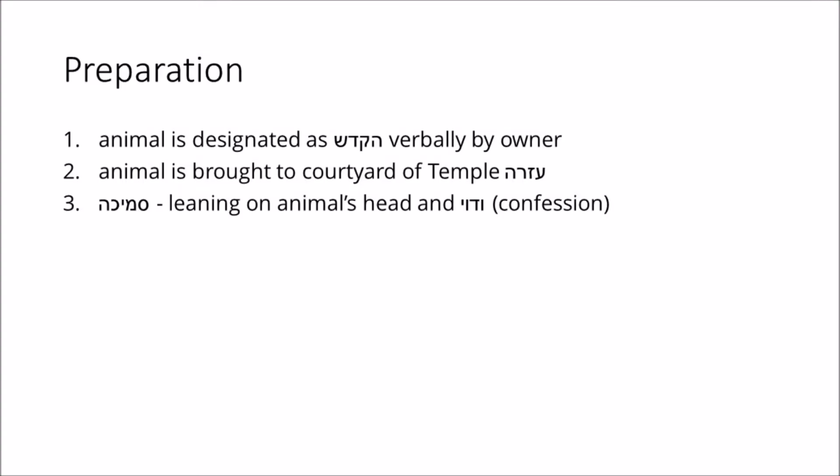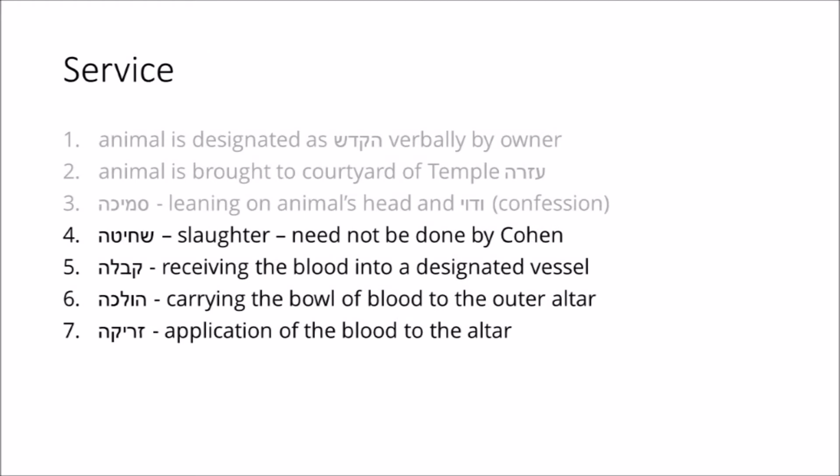Once the owner has done semicha on the animal, it is ready to undergo the four-stage process of the actual avodah, the actual service that was undertaken, mostly by the Kohen. Firstly, the animal would undergo shechita, in the same way that animals are shechted today.